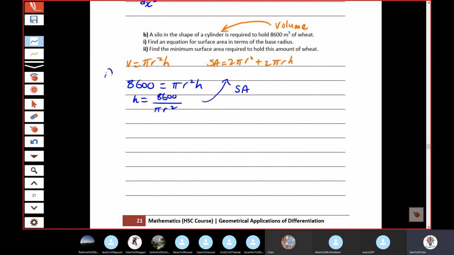You found the surface area in terms of just radius, just r. Pi and pi cancels, r and r squared cancels. 2 times 8,600 is 17,200 on r. Make sure, 17,200 on r. Yep.